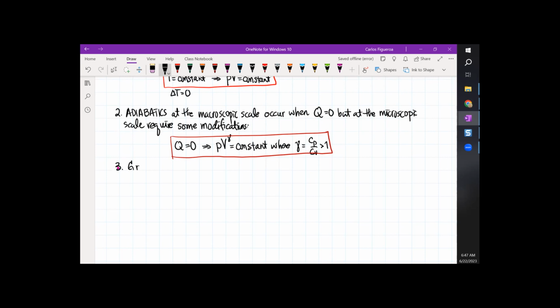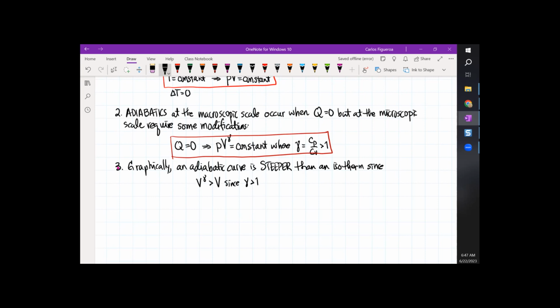Graphically, an adiabatic curve is steeper than an isotherm, since V to the gamma is larger than V, since gamma is greater than 1.